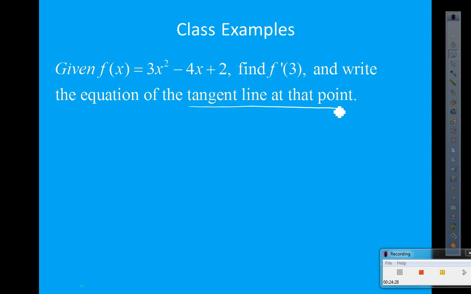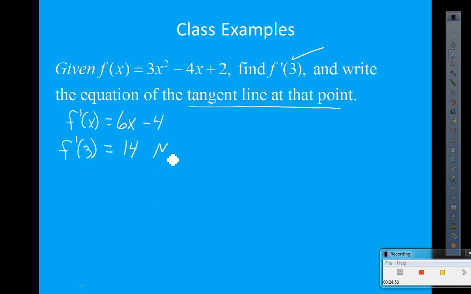Well, here goes. I'm going to find the derivative of it, which tells me the slope of the tangent line wherever I want to look. Well, that derivative looks like 6x minus 4. I want to know what the slope of the tangent line is at 3. So let's find f prime of 3, and that's going to be 6 times 3 is 18 minus 4 is 14.